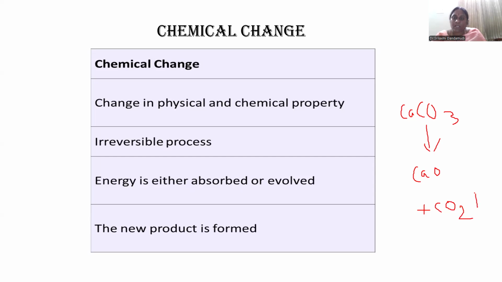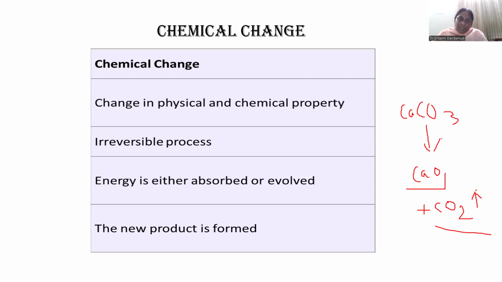The gas is evolved here. In CaCO3, calcium oxide and carbon dioxide are both liberated. No reversible reaction takes place. This calcium carbonate is completely converted into CaO and CO2.